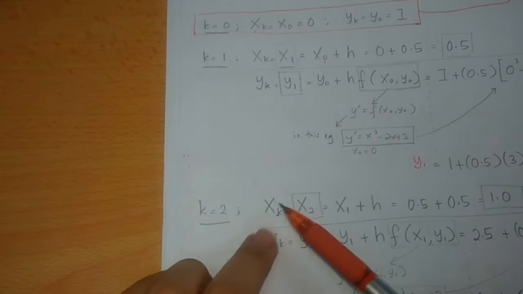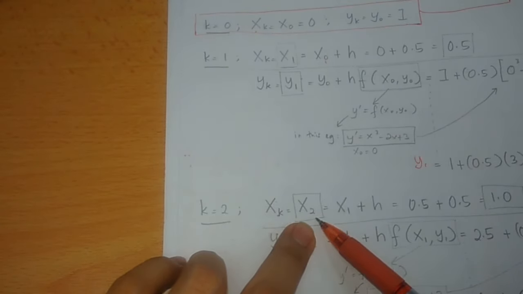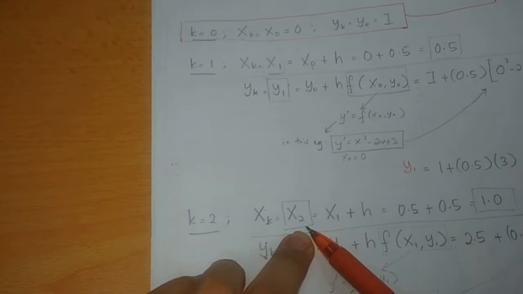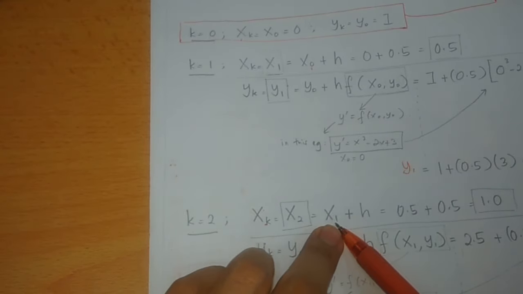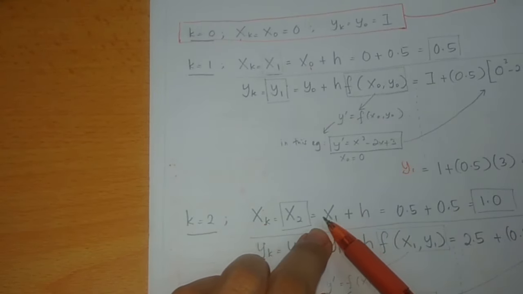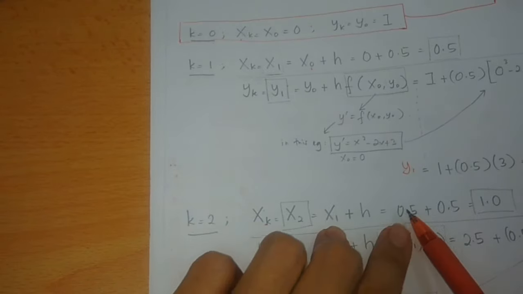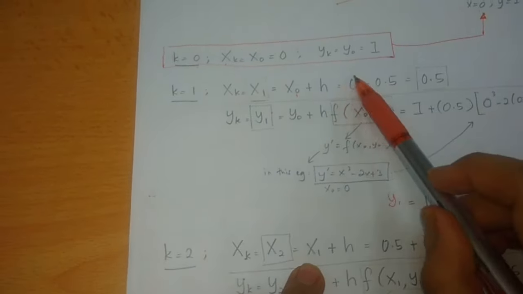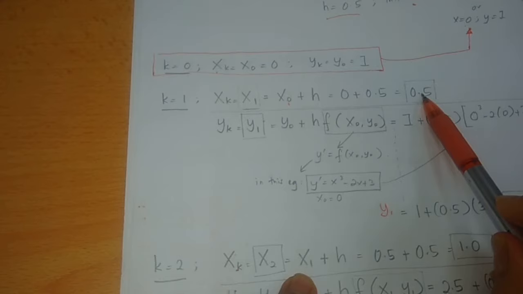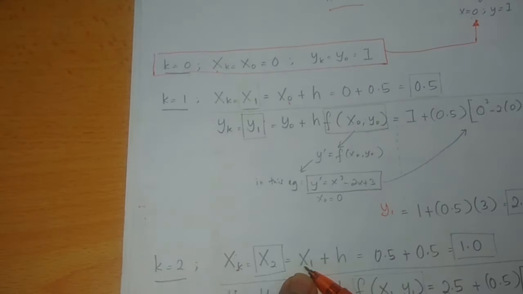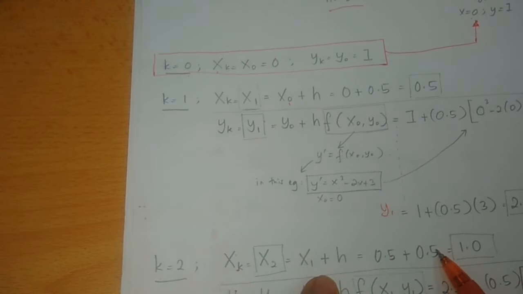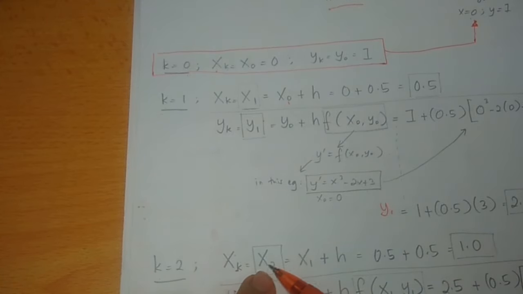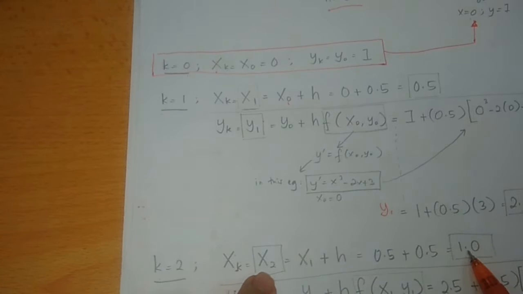Because k is 2, we are trying to find x2. Remember, x2 we obtain from the previous x plus h. The previous x is x1, which is 0.5, plus h, which is 0.5, the step size. So we have 1.0. So x2 is equivalent to 1.0.